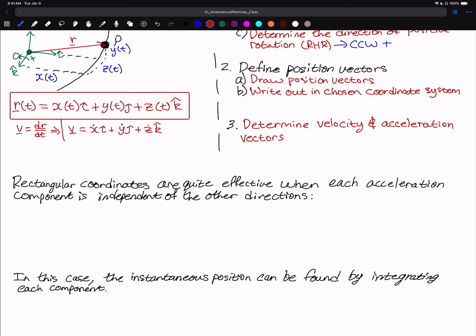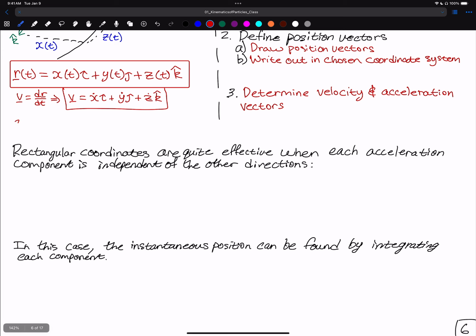And that is our velocity vector. For acceleration, we're now going to take a derivative of the velocity, so dv/dt, and what we'll get is r double dot.